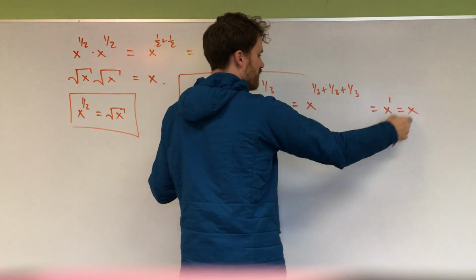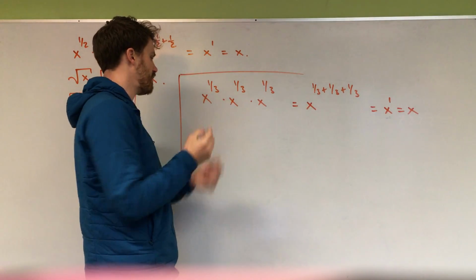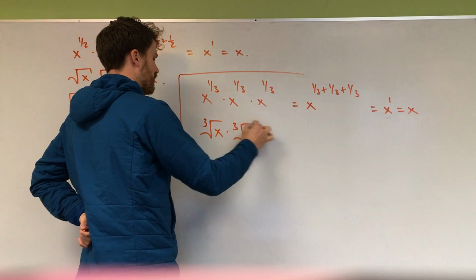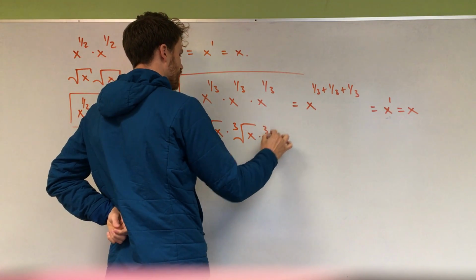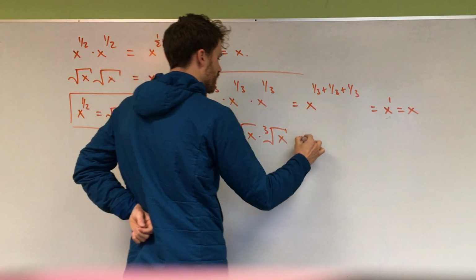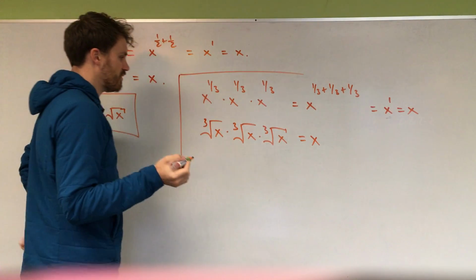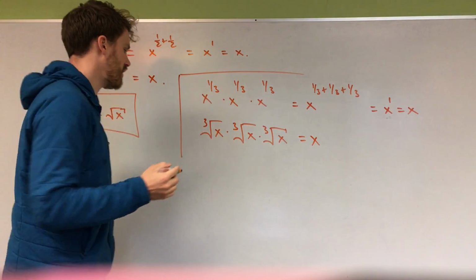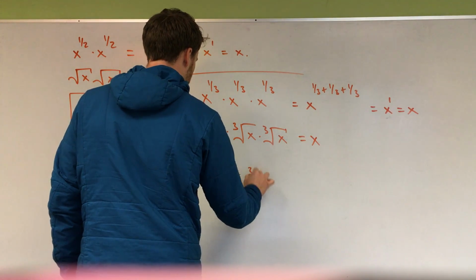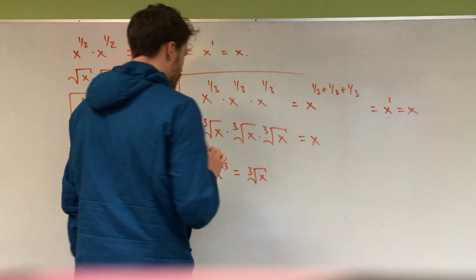to get x. So that means that this must be the cubed root of x, because we know that the cubed root of x times the cubed root of x times the cubed root of x is x. So these must be the same thing. That shows us that x to the 1/3 is the cubed root of x.